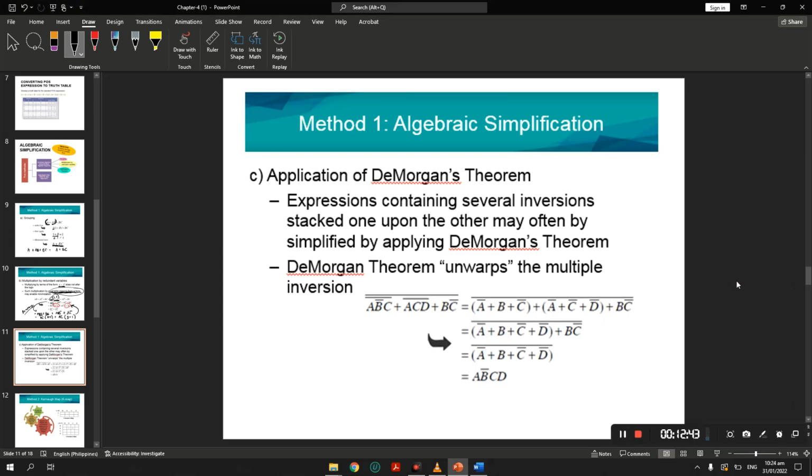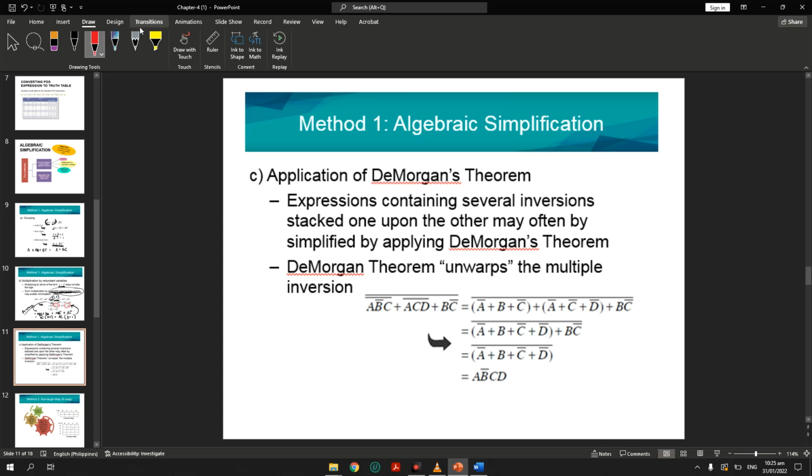Now let's take this example. We have A B complement C plus A C D complement plus B C complement. So we will apply De Morgan's theorem to simplify this expression.